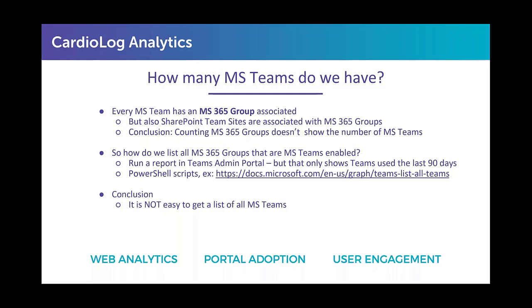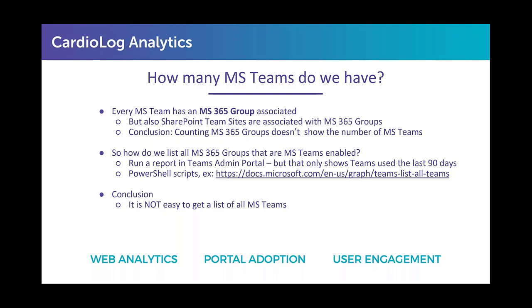You can just list all 365 groups. But the problem is, or the challenge, I should say, is that also regular SharePoint team sites are also associated with Microsoft 365 groups. So you can't just count 365 groups because it's a mix of Microsoft Teams and just regular team sites. So how do we do it?